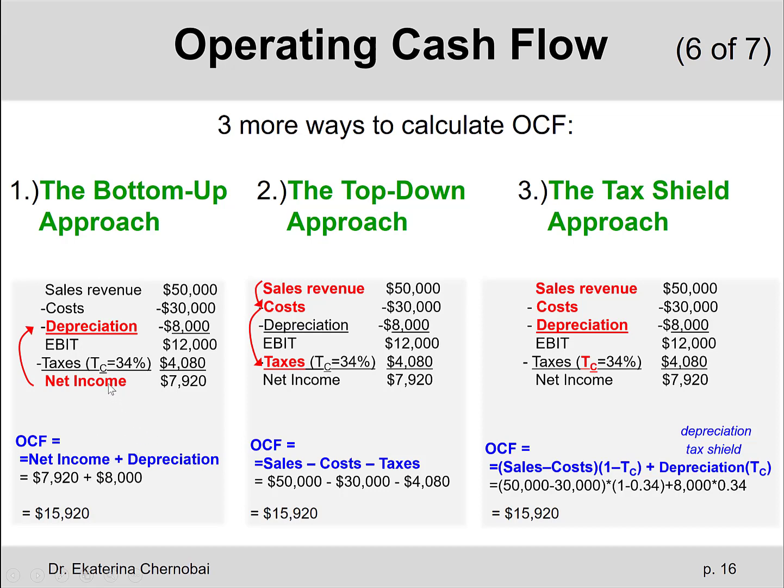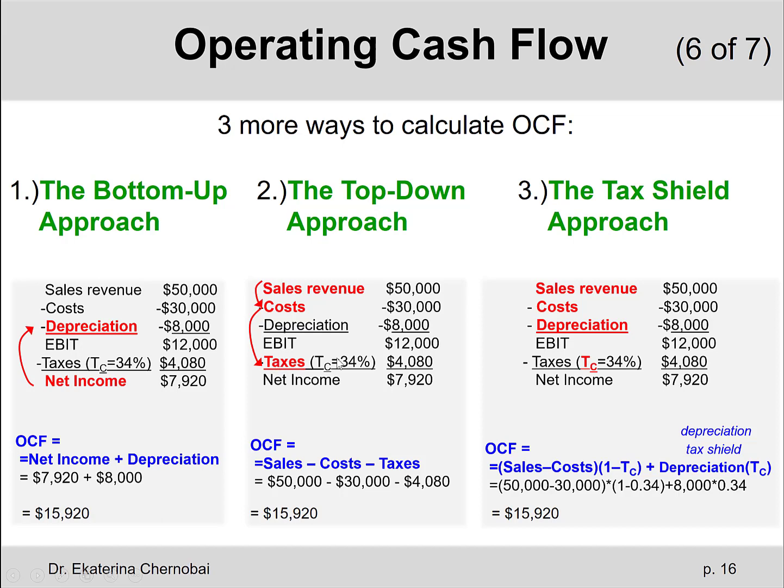Then students often tell me, okay, fine, I'll use the top-down approach. It's only three numbers there. And I tell them, you know what? Are you ever given taxes? No. You're given a tax rate, but not the tax amount. To find the tax amount, you again need to go through almost every row of an income statement until you can calculate the taxes.